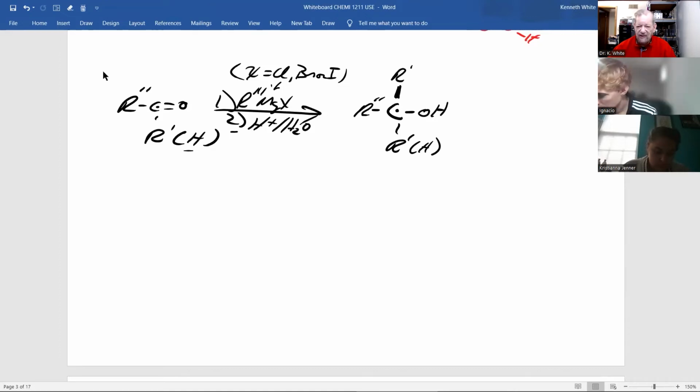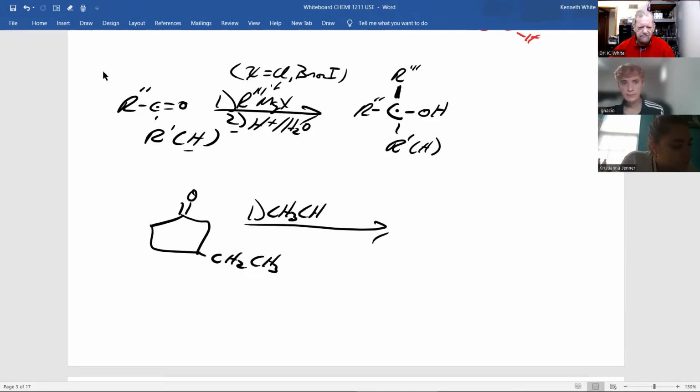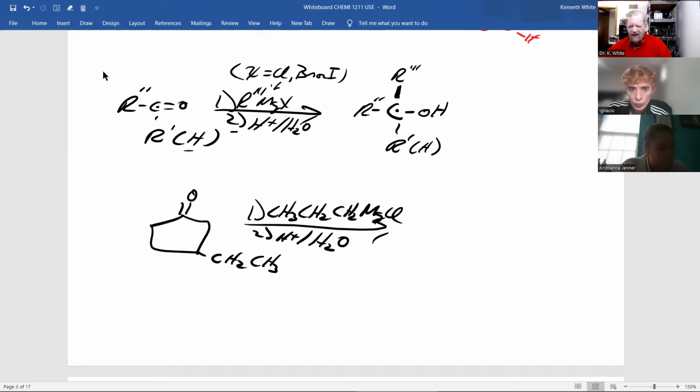You make a carbon-carbon single bond to the carbon with the hydroxyl group. And here's one more for you to try.